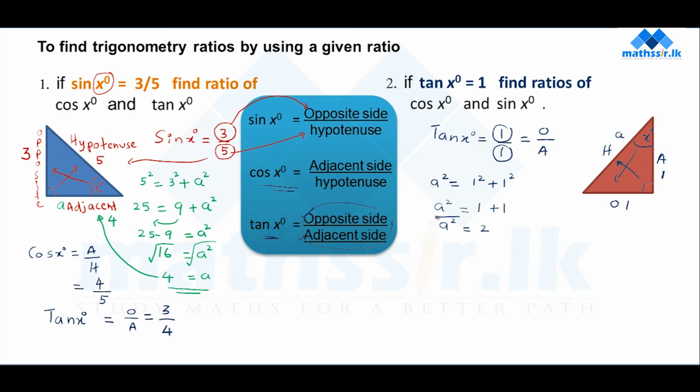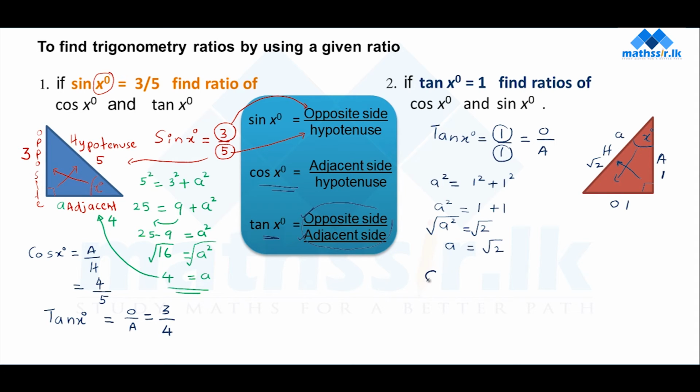Now you take square root both sides. Now a equals root 2. We are not going to take the exact value of root 2. We take the hypotenuse as length root 2.